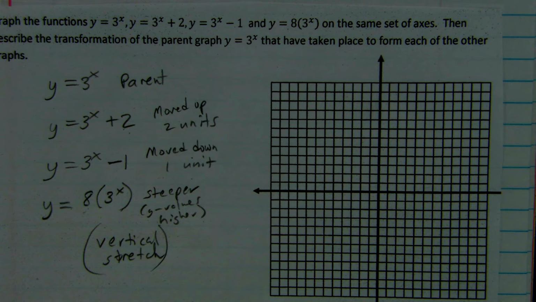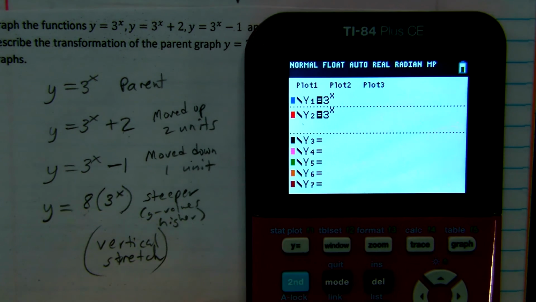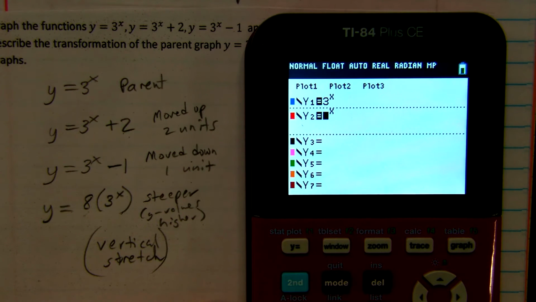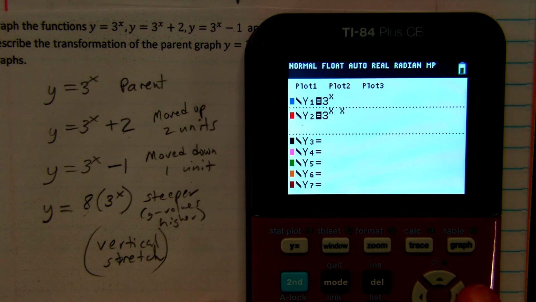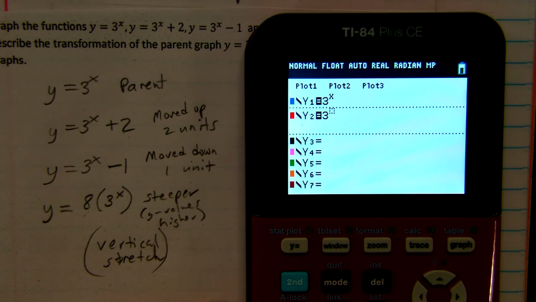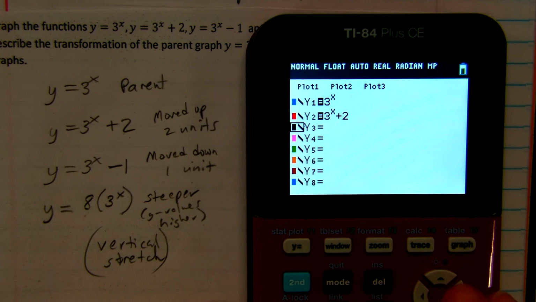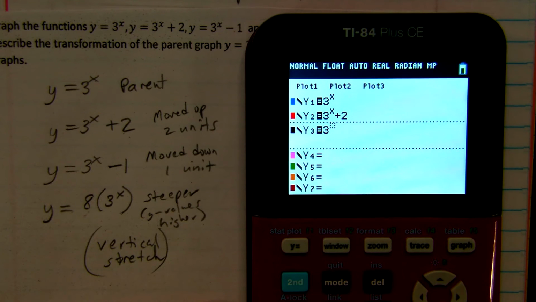So if we go over to our calculators and just get these graphs, okay, I'm going to put 3 to the x on the first one. I got to delete some stuff there. I'm just going to clear that out. Okay, 3 to the x, and then plus 2. And then I'm going to change, I guess I could leave that one black. 3 to the x minus 1.